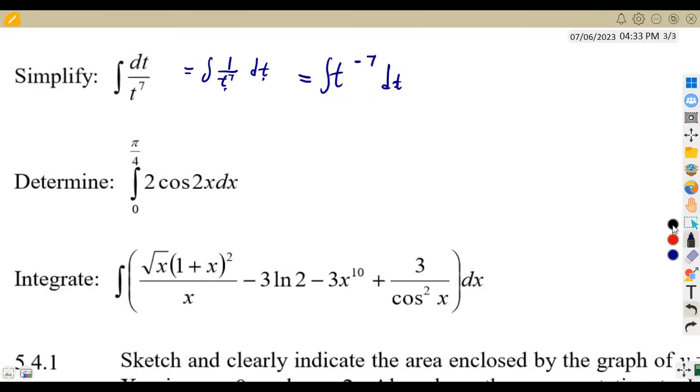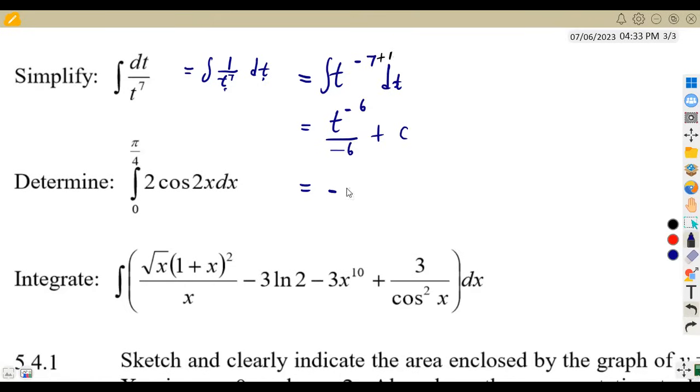So remember, the integral of such type of expressions, you simply add 1, then you divide by the new exponent. If we add 1, this is going to give us t to the exponent of -7 plus 1, that's -6, and you divide by the new exponent, remember our concept, then plus the constant of integration. So we can rewrite negative on top.